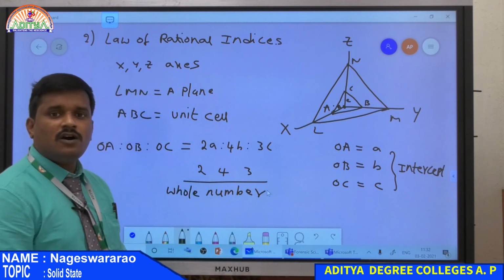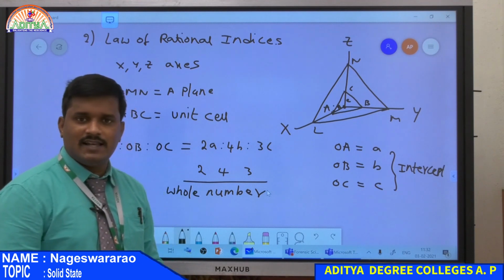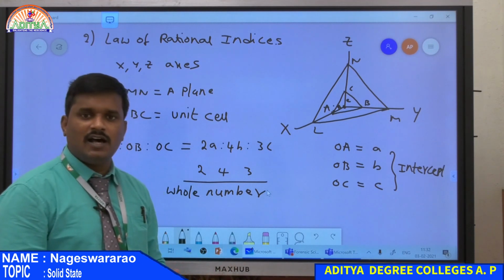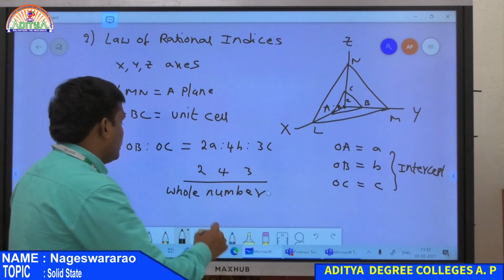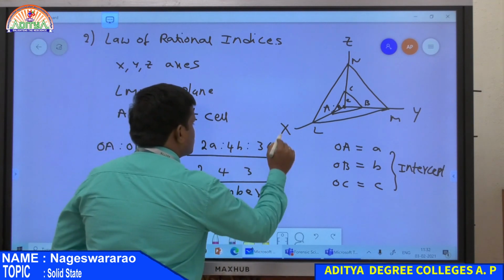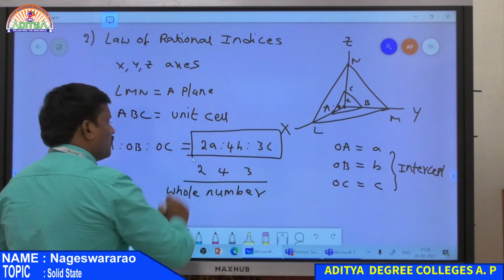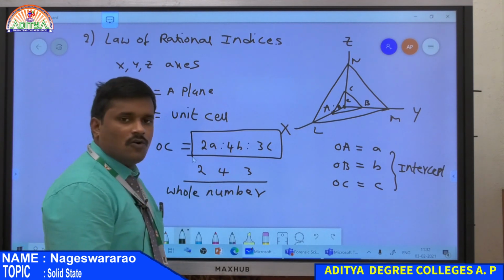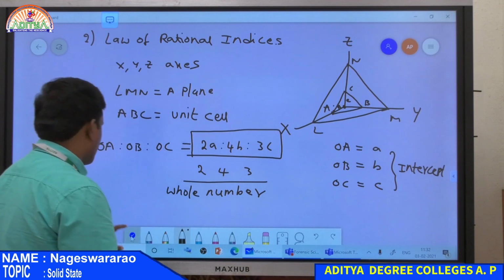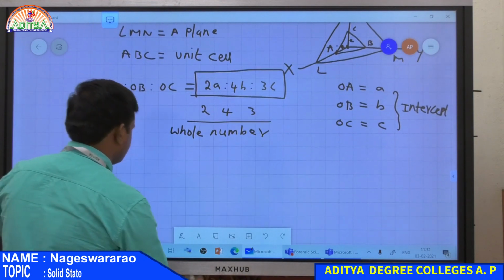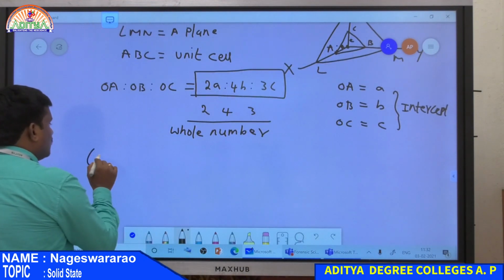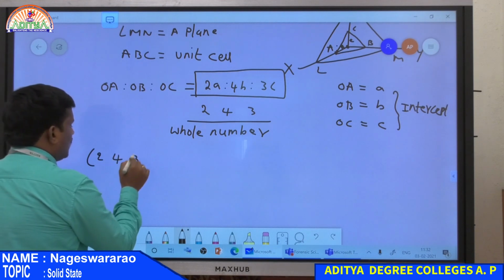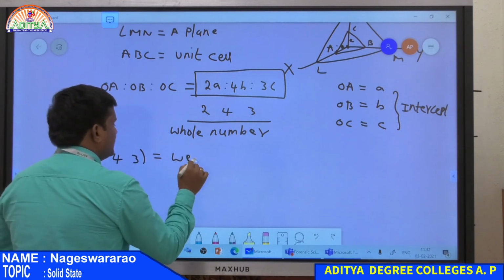Therefore the ratio of intercepts of a unit cell along the XYZ axes is always in simple whole numbers, that is 2a is to 4b is to 3c, where 2, 4, 3 are nothing but coefficients and are also known as Weiss indices.